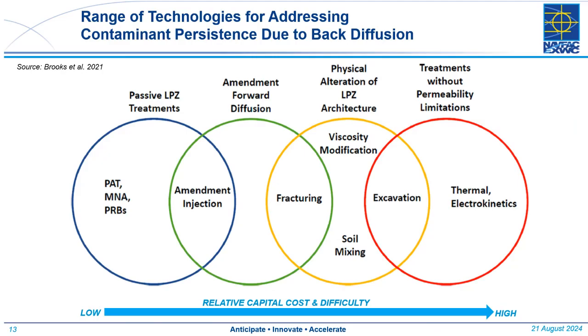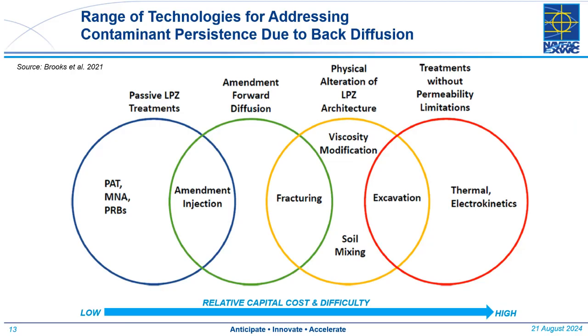This graphic is from a paper by Brooks et al. in Groundwater Monitoring and Remediation a few years ago, and it summarizes the tools that we have at hand for addressing contamination in these low permeability deposits.